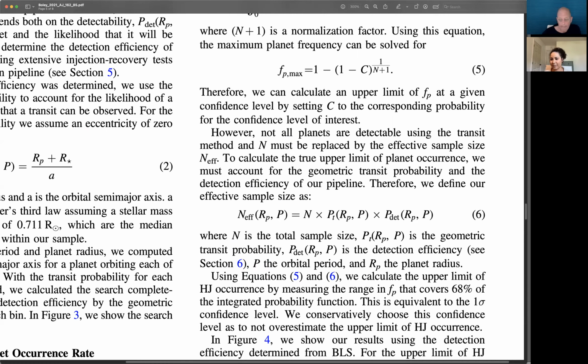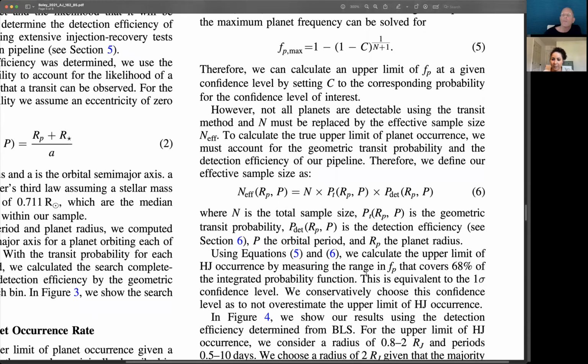So we have to account for this. We take the total number of stars that we have, and multiply it by the geometric transit probability as well as our detection efficiency. Those two together are the search completeness, and that ends up being our effective sample size. Our effective sample size was somewhere around 600 stars. That was the average effective sample size, I should say.